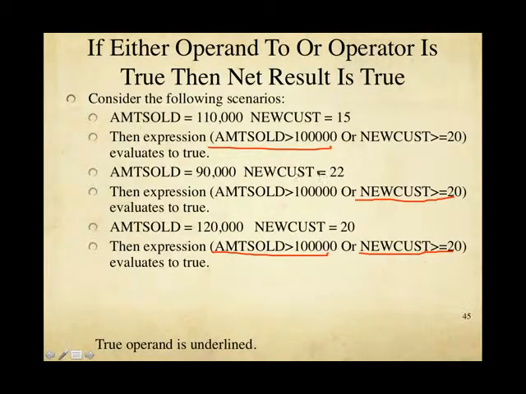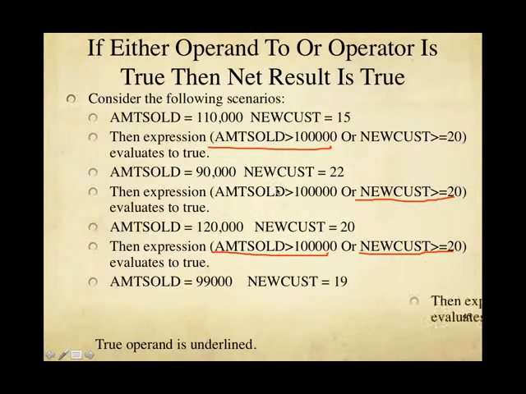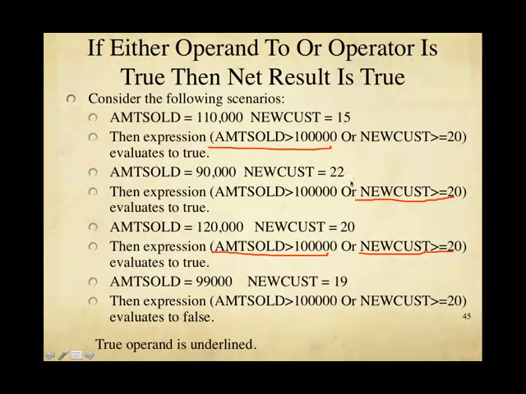So the way it has to work is that this scenario must exist. Scenario 1 is that amount sold is 110,000, but new customer is only 15. So in that case, this is true, but this is false, but the OR operator must behave in a way that the whole thing is true.